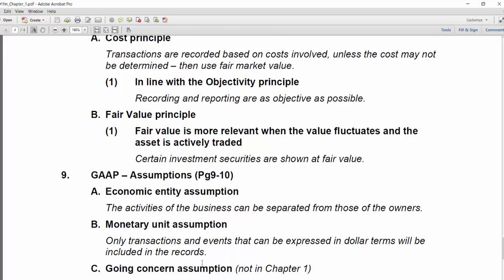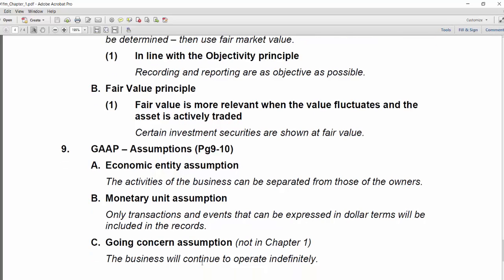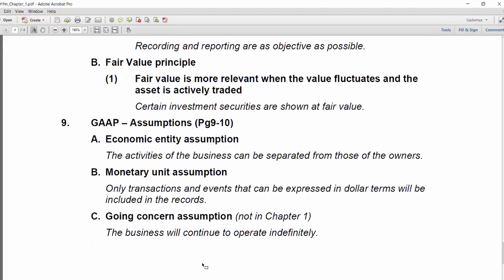The going concern assumption, not something in chapter 1, but something that could be of concern to some businesses if they're in bad shape. This says that we assume most businesses will continue to operate indefinitely. If, however, it comes to our attention that there is some question as to the company's ability to operate into the future, then as an external accountant expressing an opinion about that company, we would need to say that we have doubts about their ability to continue in operation.